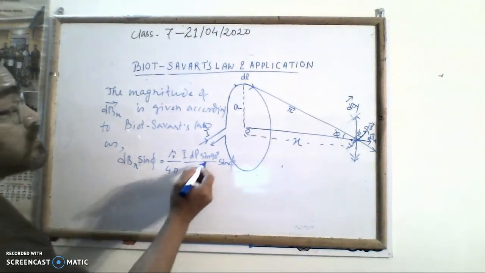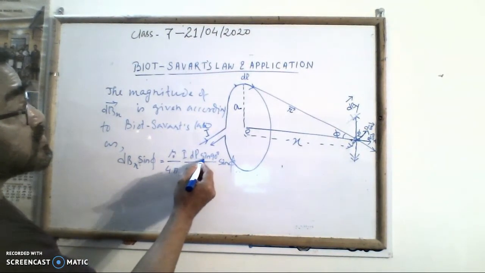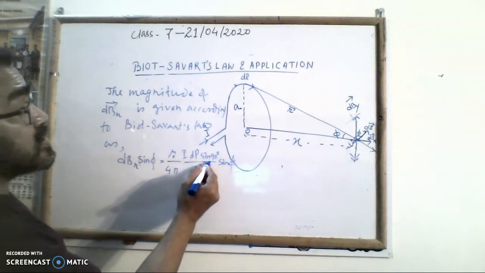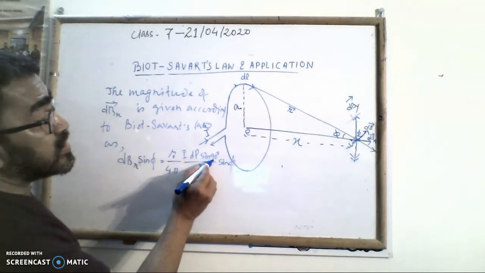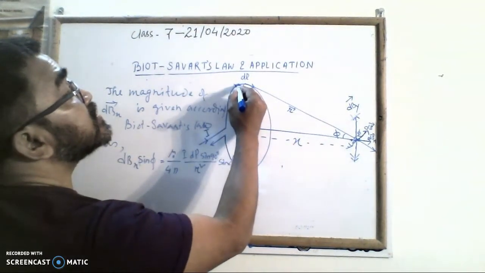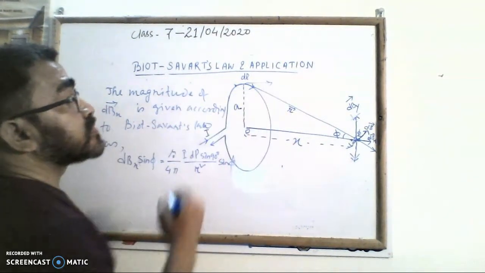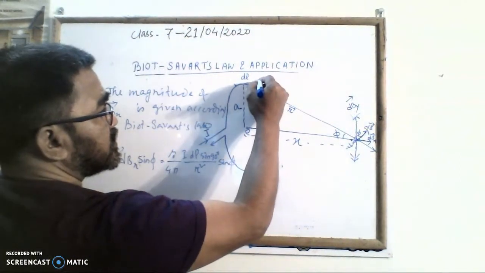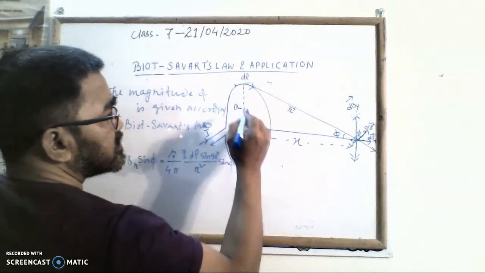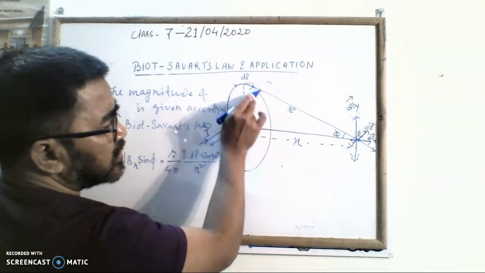Now, why is it 90 degrees? Another question. Why sine 90 degrees? Sine 90 degrees is taken because here the angle theta is 90 degrees, since it is the angle between the direction of dl and the direction of the r vector.